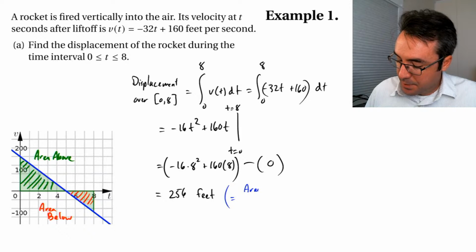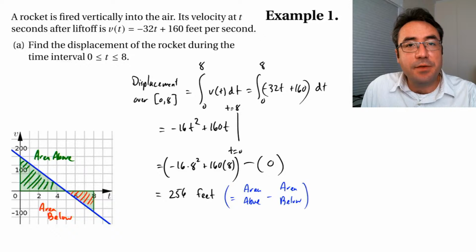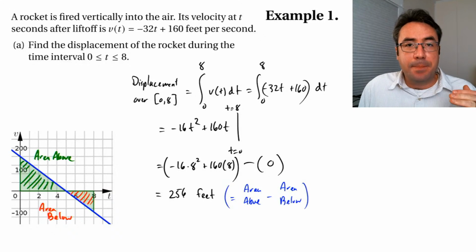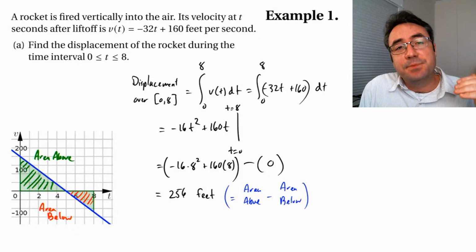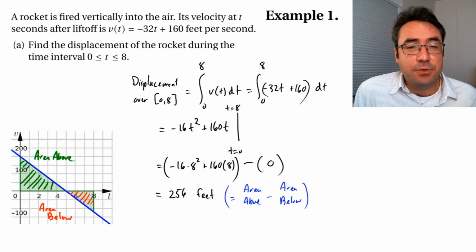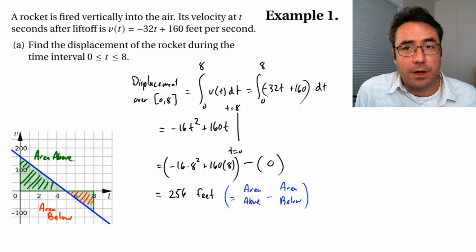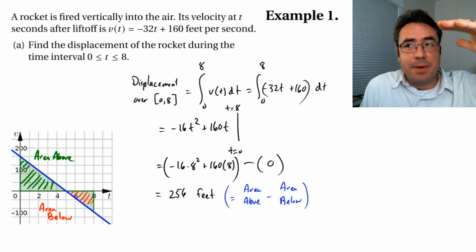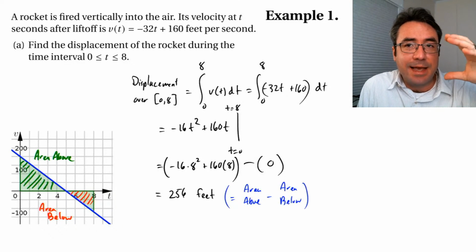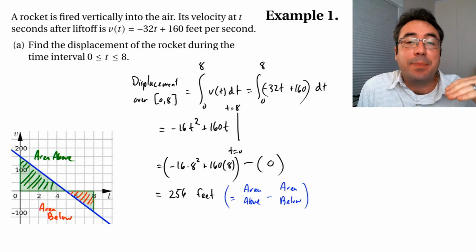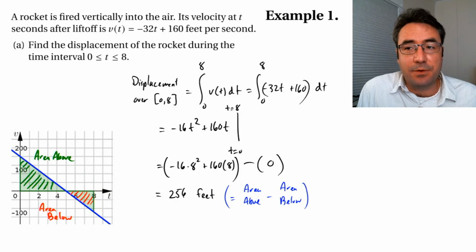This is the area above, and this is the area below. Really, that's all we've done. After this calculation, our displacement is positive 256 feet. So we've moved in the up direction overall. We went up for a bit, then came back down, but still had a net change in the positive direction over that time interval.